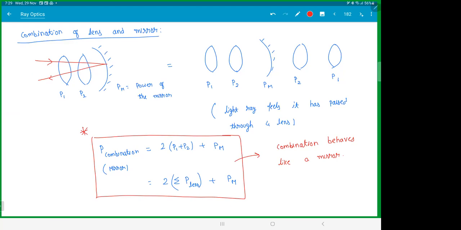Yeah, let's see. Play with this. Any doubts on this? Why we're using two lenses and all that stuff?